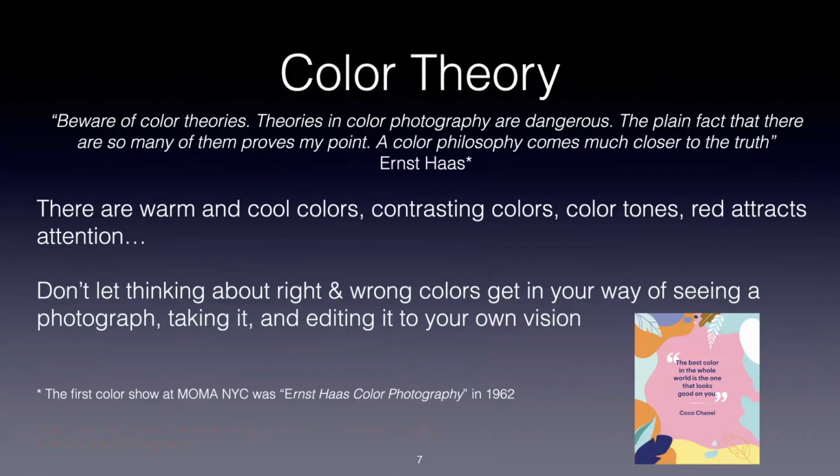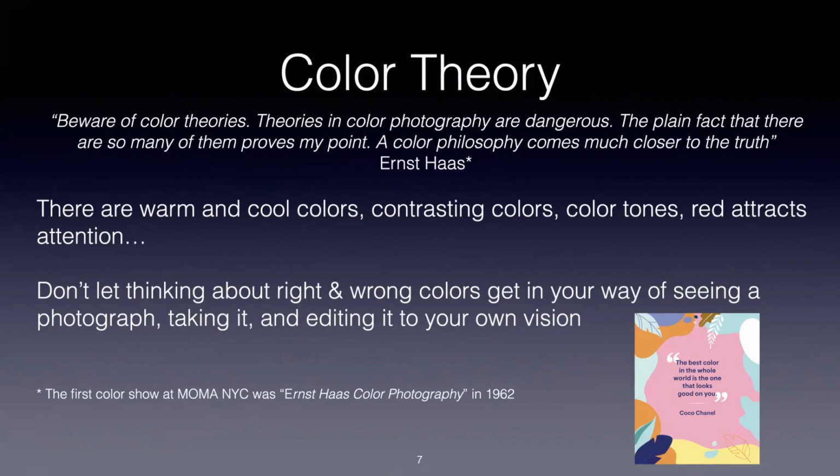Color theory is evolving, but we're going to touch on it here a little bit. Ernst Haas says, beware of color theories. Theories in color photography are dangerous. The plain fact there are so many proves my point. A color philosophy comes much closer to the truth. And I think this presentation does do that.